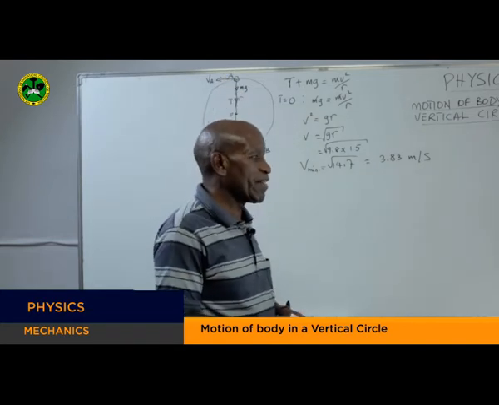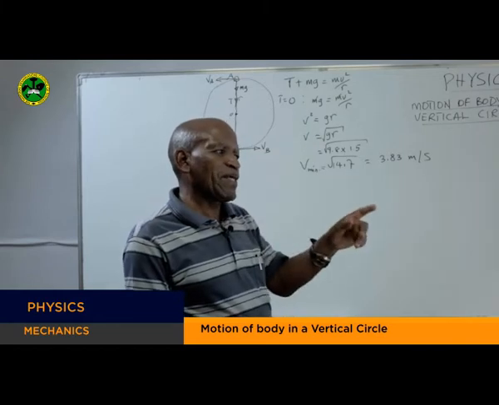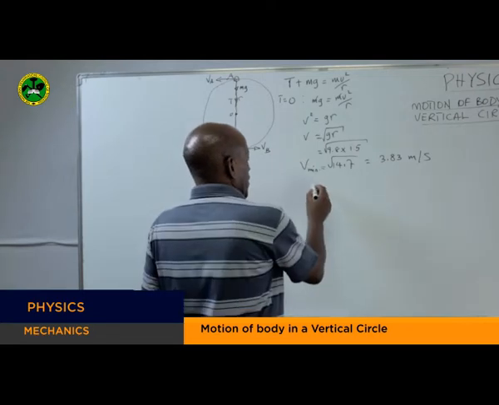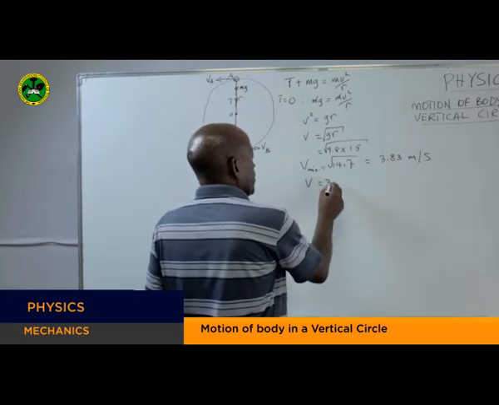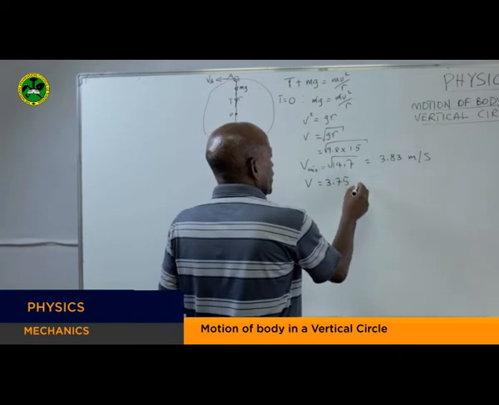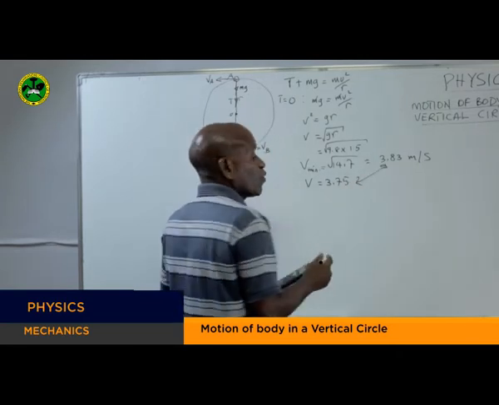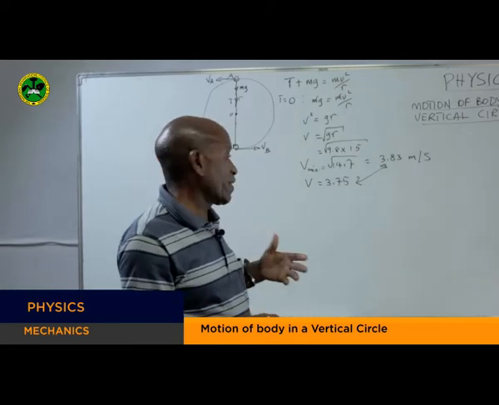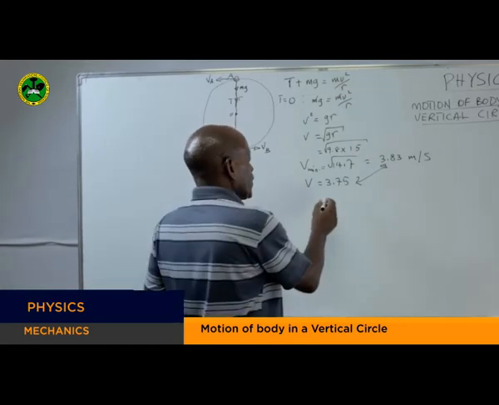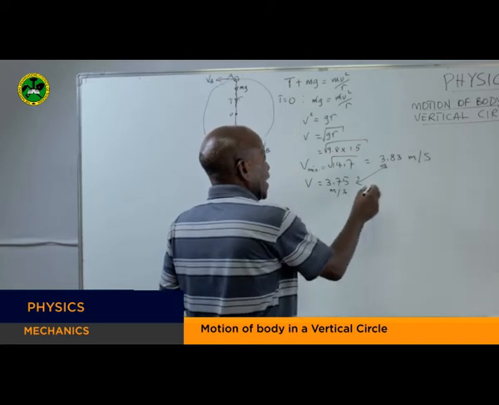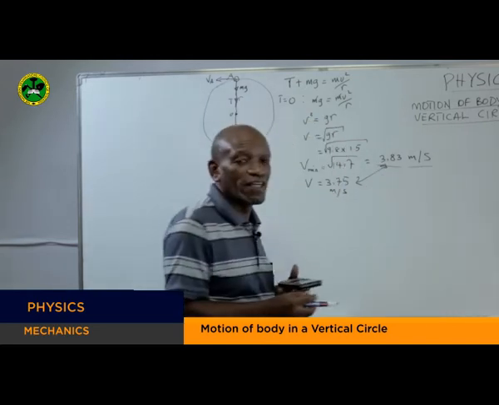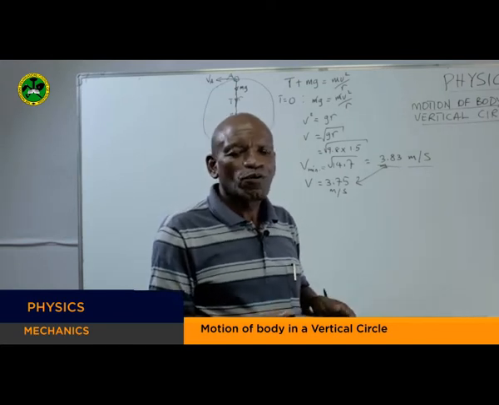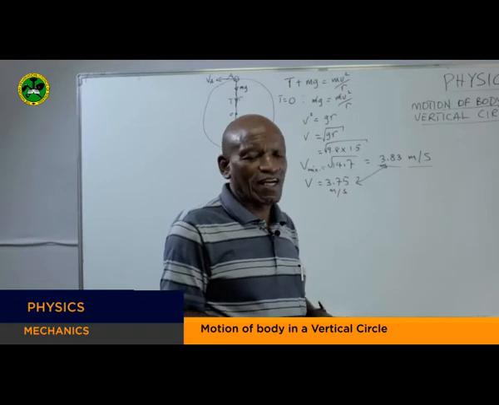But here we are given that the bucket passes at the highest point with a velocity of 3.75. Now you need to compare the velocity the bucket possesses at the top, which is 3.75 meters per second, and the actual minimum velocity for such a bucket to possess without making the string slack.